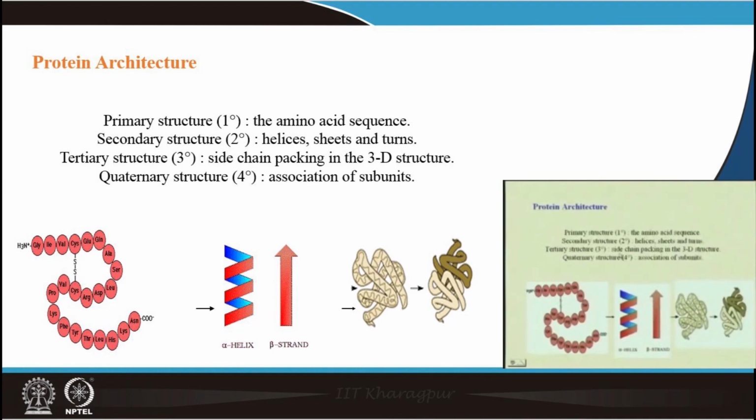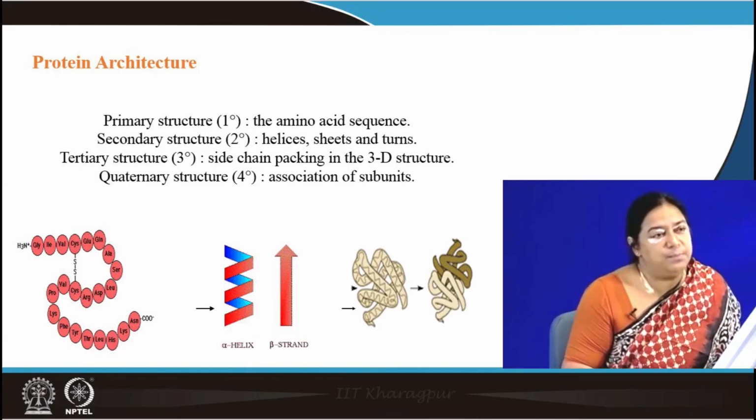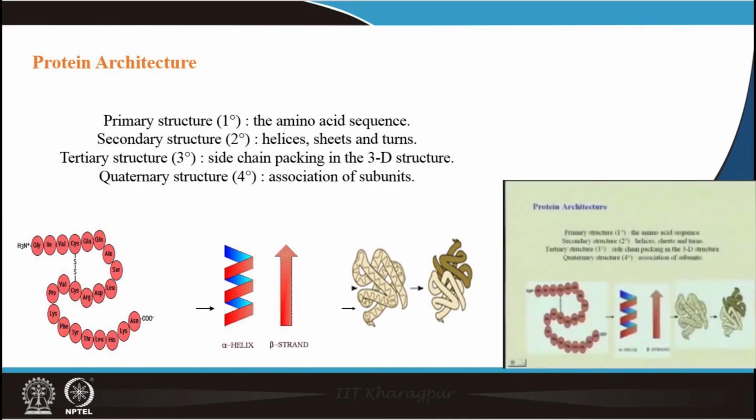So we get what is called the tertiary structure. What is this? It is the side chain packing in the 3-dimensional structure. Now this could be a specific unit, what is called a subunit. Okay? What do we mean by a subunit? It may so happen that your protein, you all know what a monomer is and what a dimer is. Okay? Now if you have a dimeric protein, it means you have two monomer units linked up together, not covalently, non-covalently.